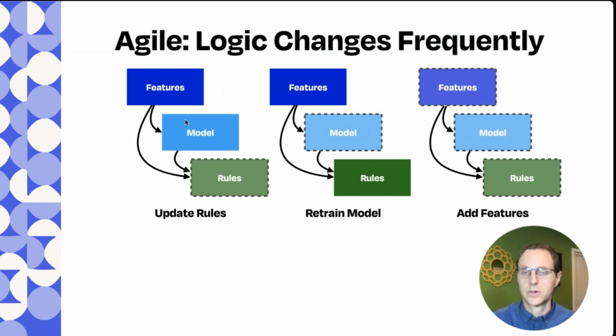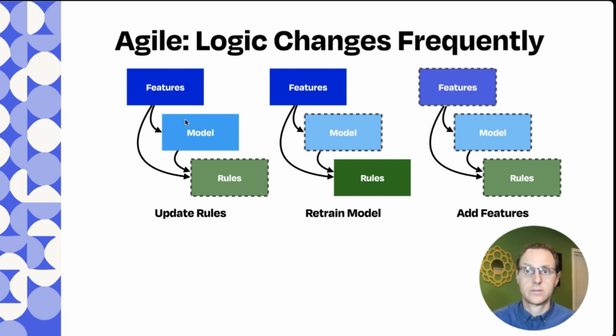Maybe less frequently, but somewhat periodically, you'll keep the features the same, but retrain the model on some new labels that you've gotten in recently. But in the case of maximum agility, sometimes you're going to encounter some kind of fraud problem that requires you to have a feature to look for a pattern that you didn't even know to look for before, in which case you're probably updating the feature pipelines themselves as well as the models and then any rules that depend on those features.